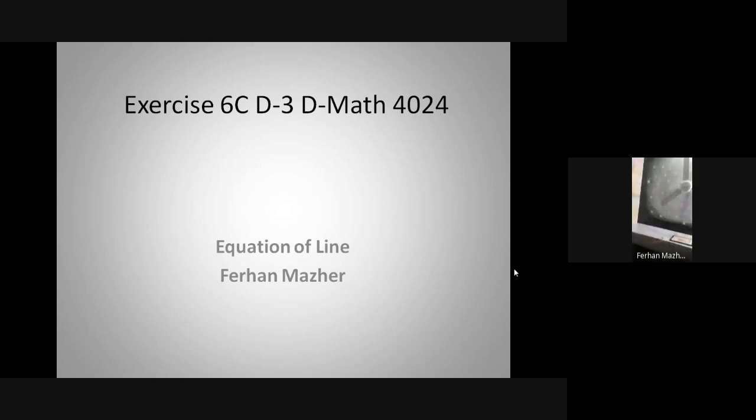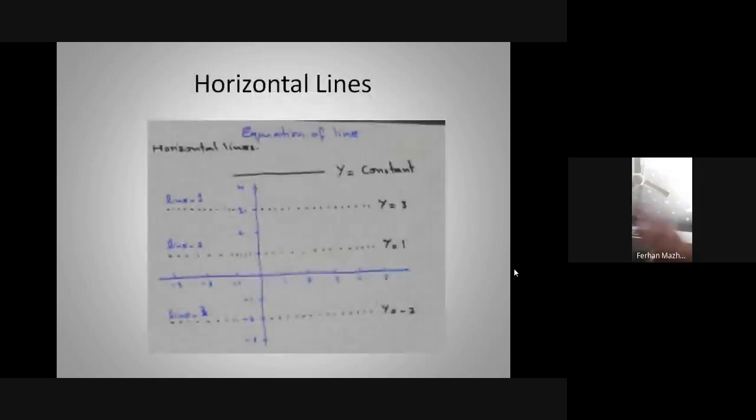Okay, so before you go into this, let me show you this. The lines can be, for example, horizontal. If you find anywhere horizontal lines, the equation of the horizontal lines is always very simple. You don't have to do any process.